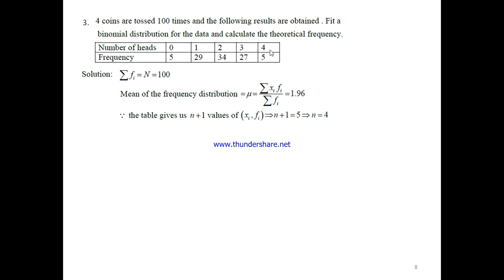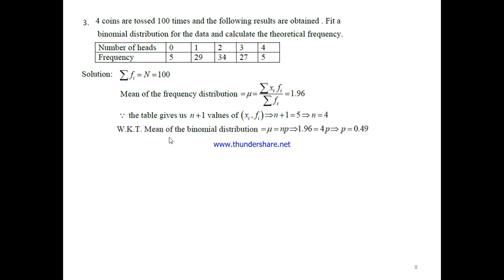Always, the table gives us n plus 1 values of xi and f of xi. And in our table, since we have 5 sets of values, n plus 1 is equal to 5. From this, the value for n is 4.